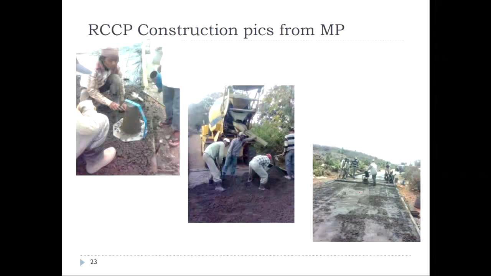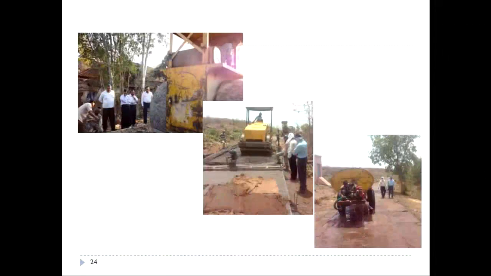You can see a plate vibrator being used for the initial compaction, and further using static rollers, and this being cured by moist curing. So this is one of the test trials carried out in Madhya Pradesh.